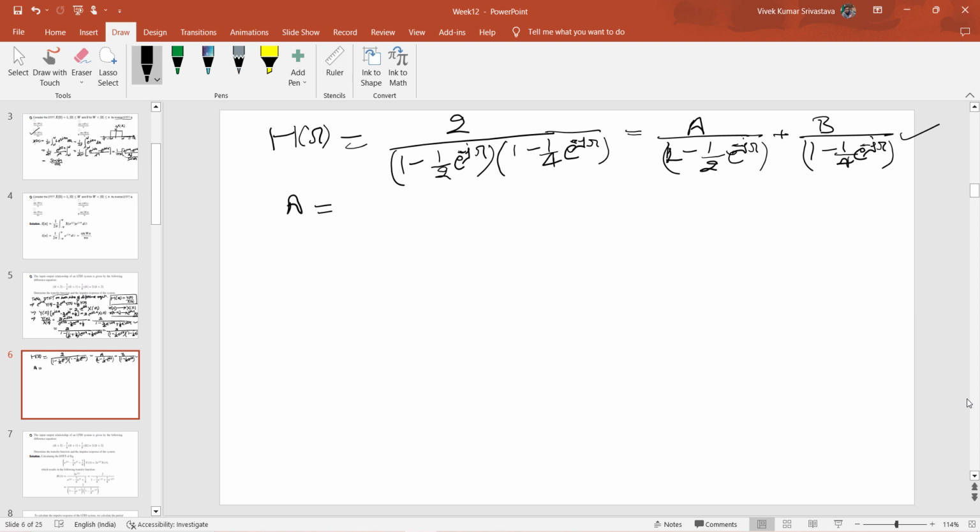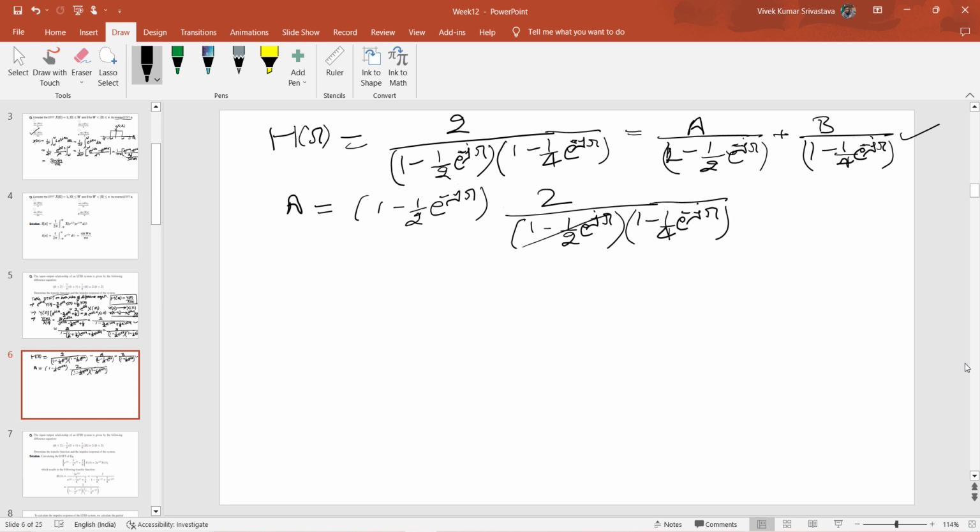Okay, so now we can multiply this root for determining the coefficient a in this transfer function. We can solve it as 1 minus 1 by 2 e raised to the power minus j rho into 2 over 1 minus 1 by 2 e raised to the power j rho into 1 minus 1 by 4 e raised to the power minus j rho.